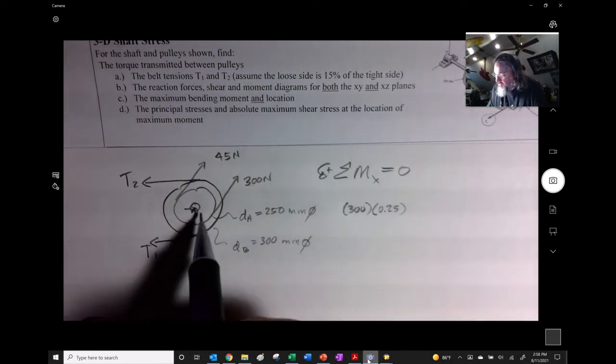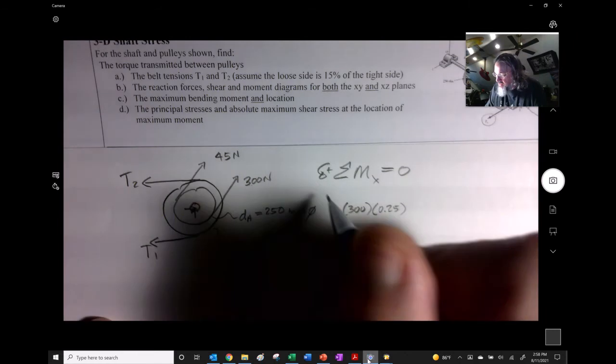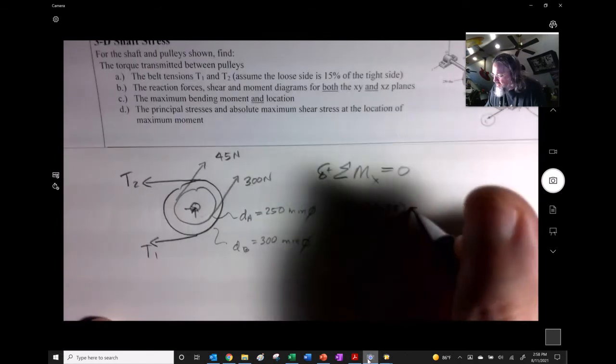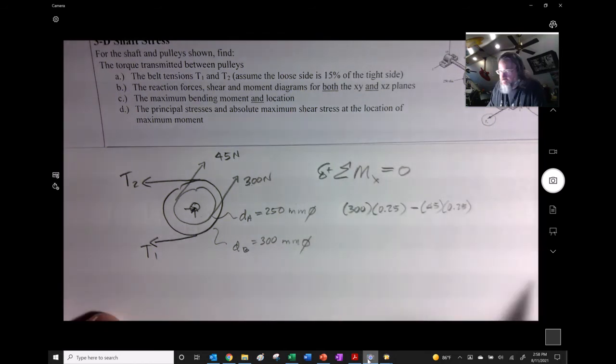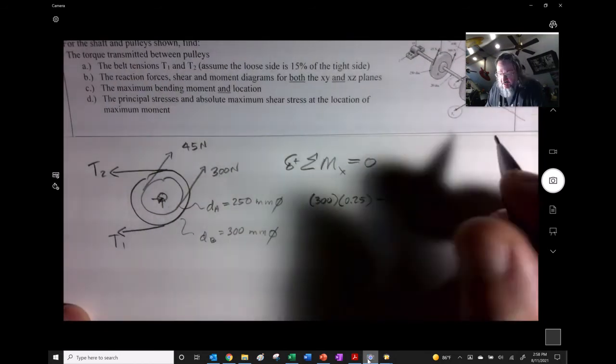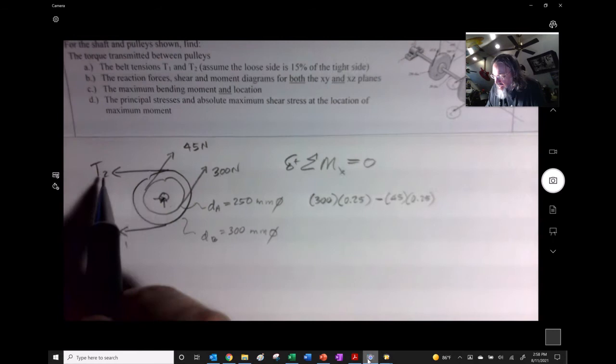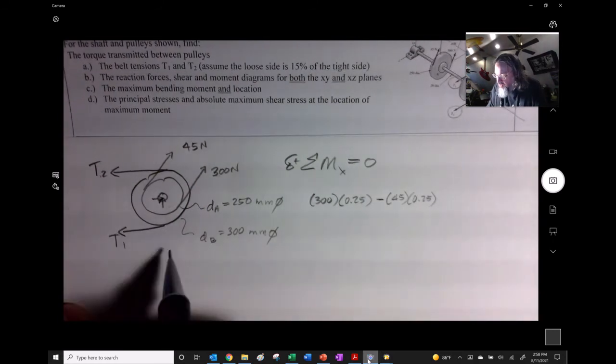So it's positive because this one is going counterclockwise. This one's going clockwise, so it's a negative 45 times 0.25, right? Running out of paper. All right. And this guy is T2. Well, it's something we might want to write down.